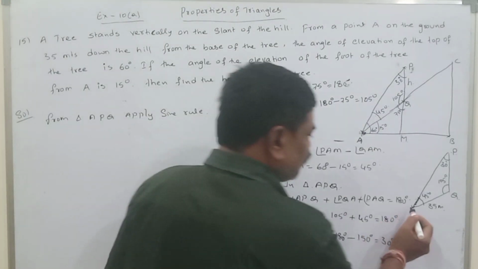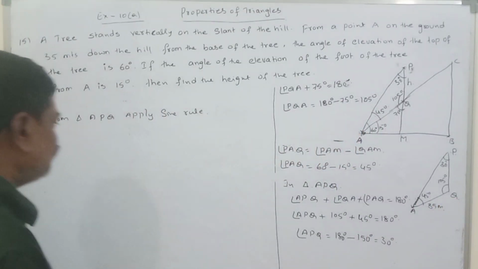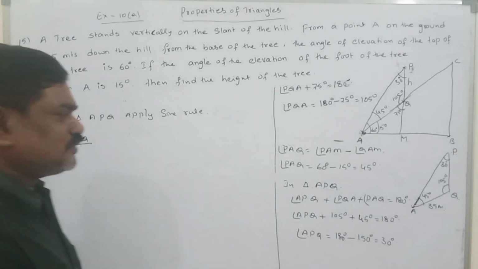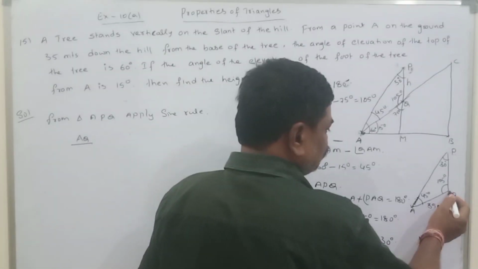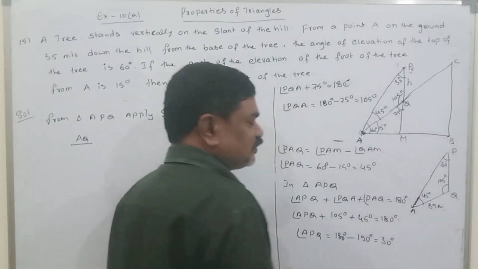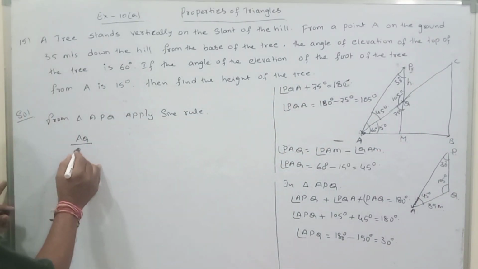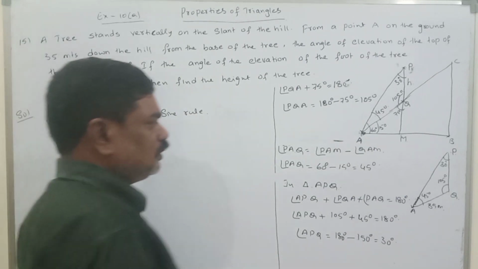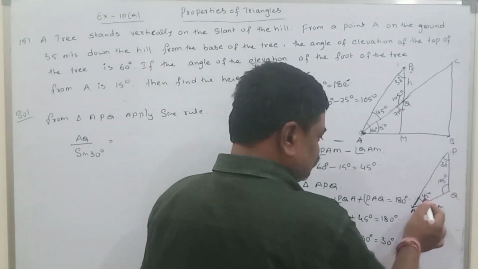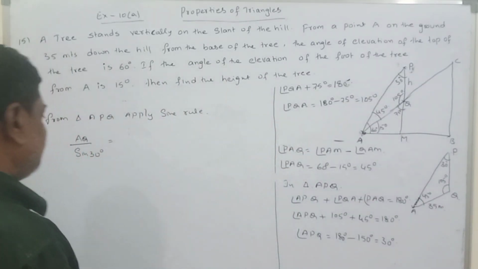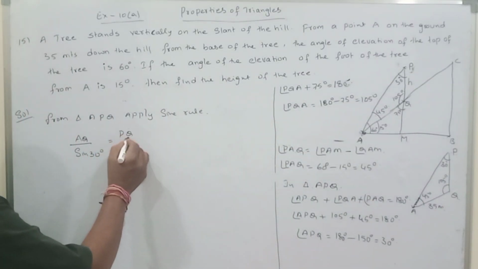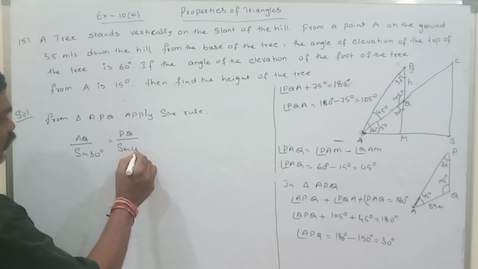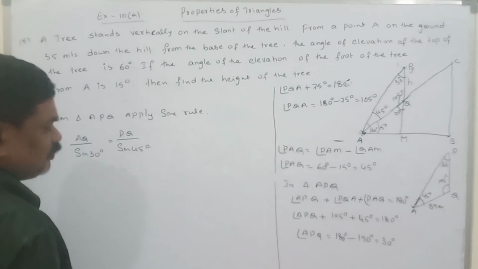So AQ by the sine of its opposite angle, sine 30 degrees, is equal to PQ by the sine of its opposite angle, sine 45 degrees.